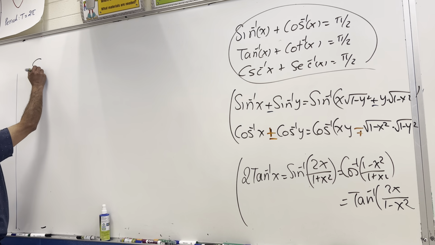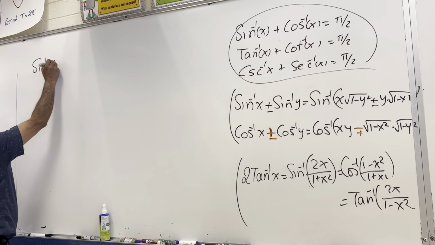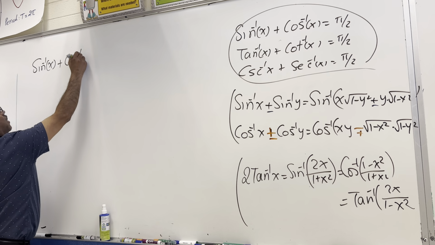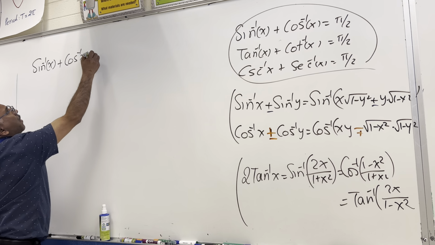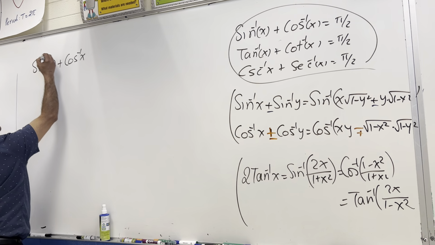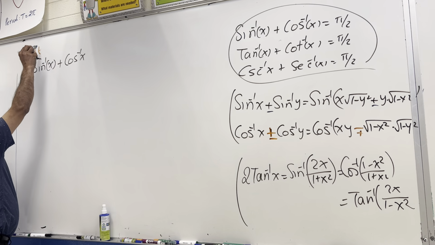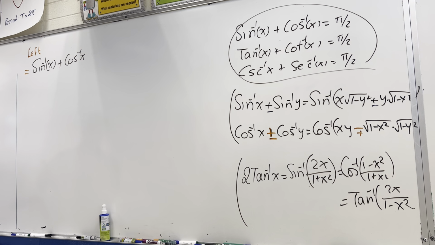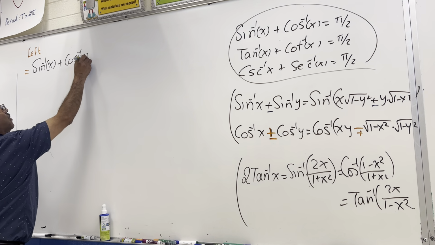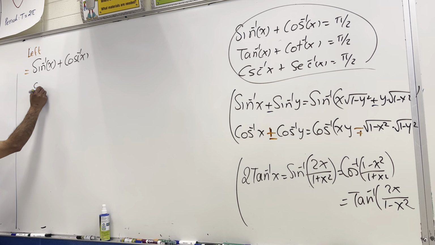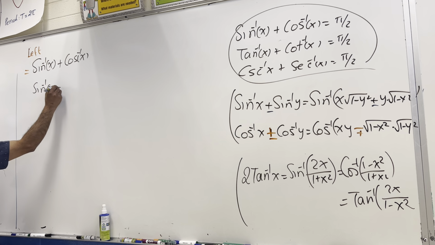Why sine inverse of x plus cosine inverse of x is pi by 2. So we want to know why it is pi by 2. I'll begin with the left side, call this the left. And here let's make some substitution. Instead of sine inverse of x, let's plug it in as p.